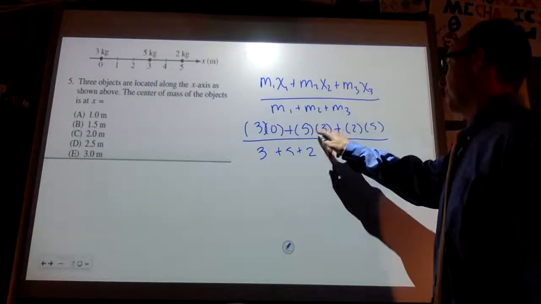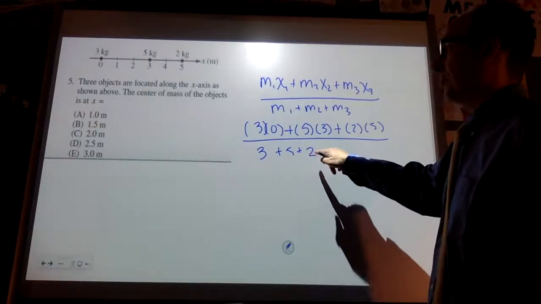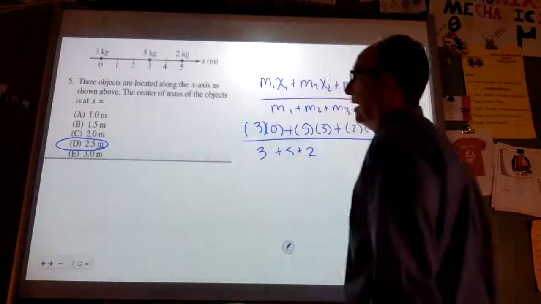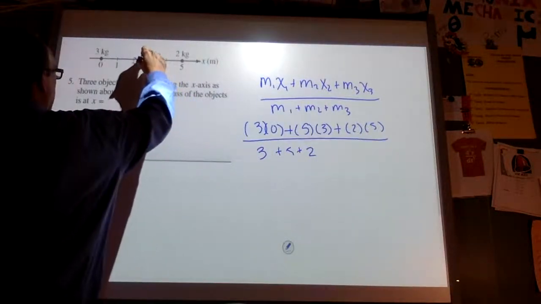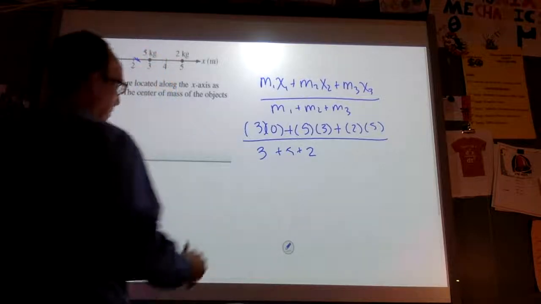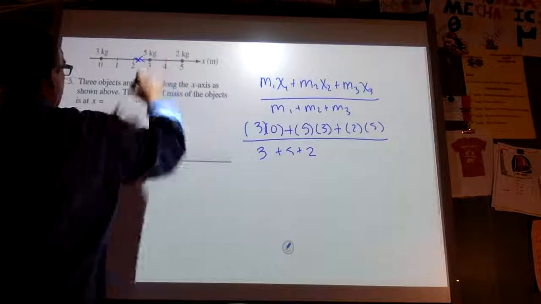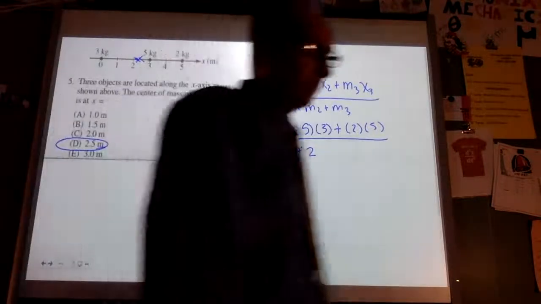And so this is going to be 15 plus 10 is 25 divided by 10. So 25 divided by 10 would be that the center of mass is at 2.5. So I could say that for this system, my marking is off a little bit, so it's not letting me mark right there, but for this system, the center of mass can all be concentrated there.